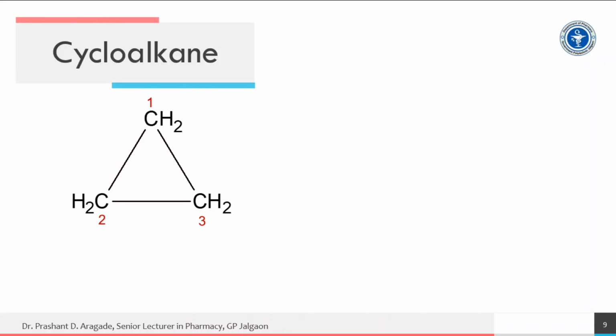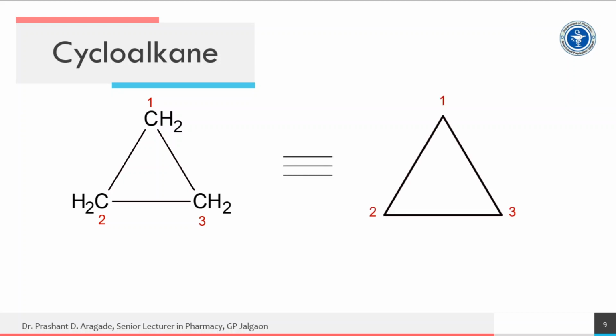For example, this is a 3 carbon chain and all carbon atoms are arranged in a ring. It can be written in another format like this. Generally, cycloalkanes are represented by a simple geometrical figure, just like a triangle.